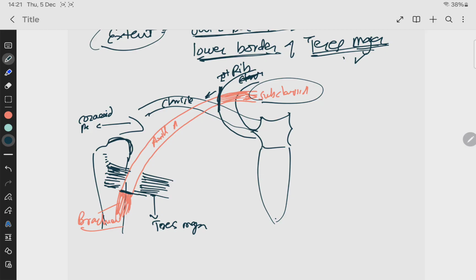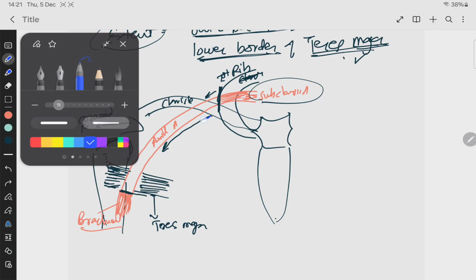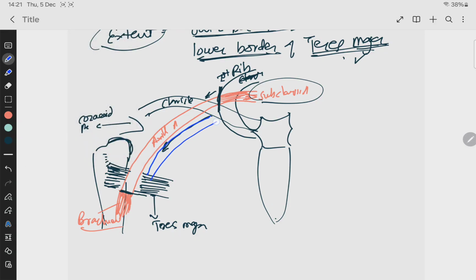The course from the outer border of the first rib goes downward and laterally till the lower border of teres major. Axillary vein lies medial to the axillary artery.